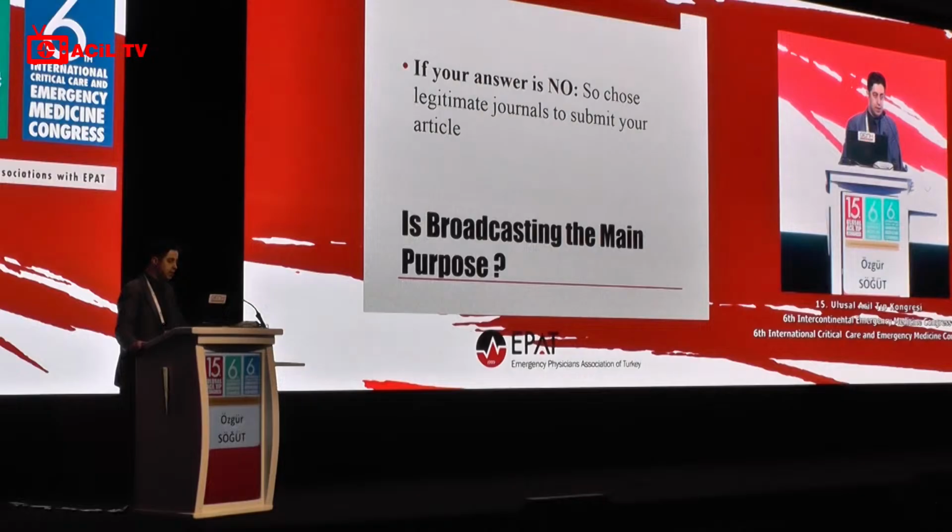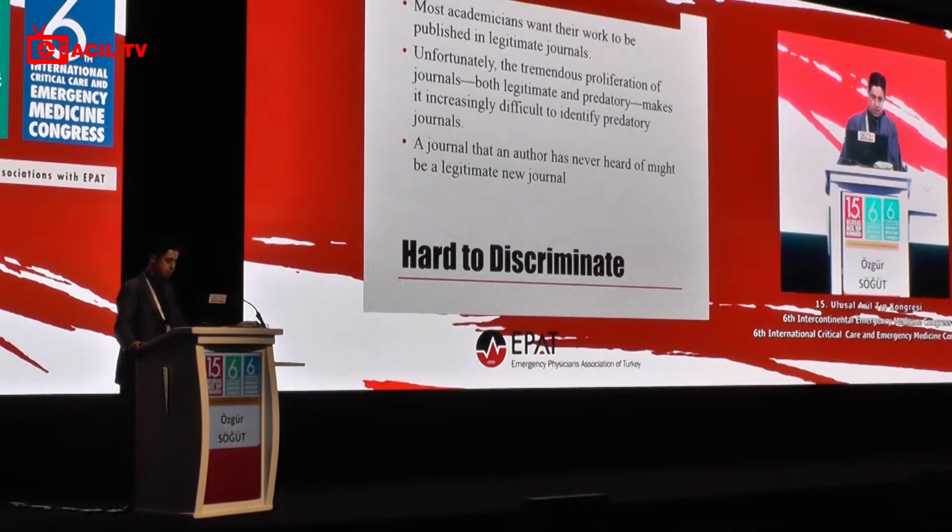If your answer to this question is no, then definitely choose legitimate journals to submit your article. Most academics want their work to be published in legitimate journals, because legitimate journals are credible, reputable journals.